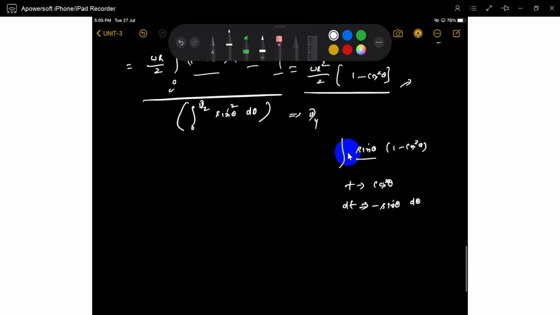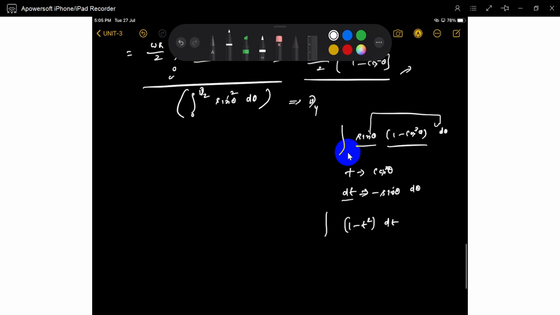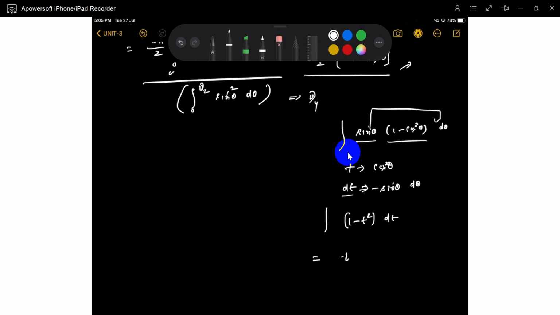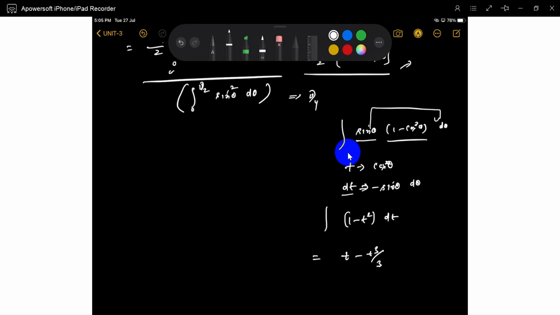So if you write it, 1 minus t square, and directly dt is sin theta d theta, so we get dt directly. Integration of 1 dt will get t, and t square will get t cube by 3. That's the story.